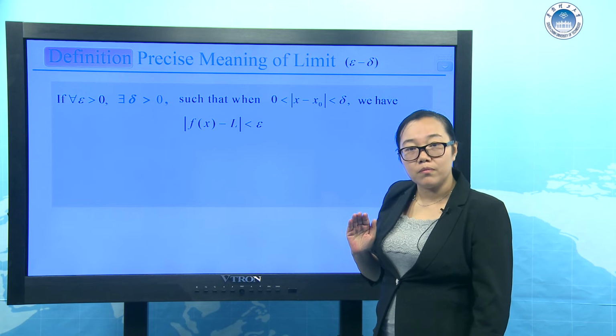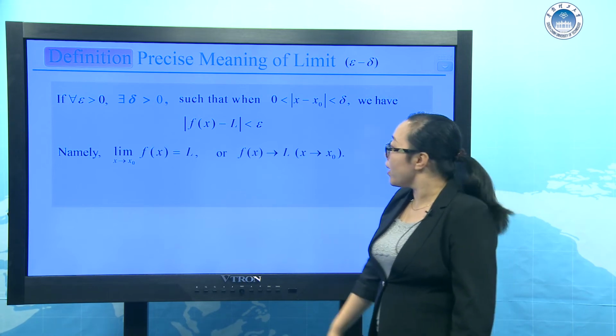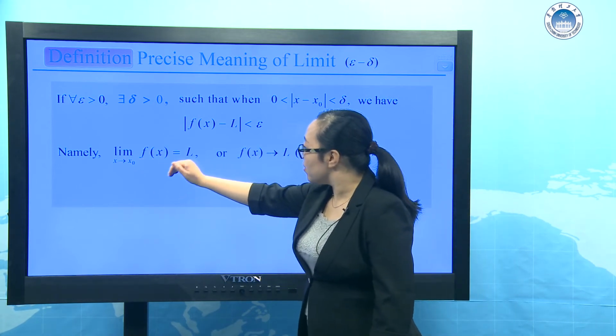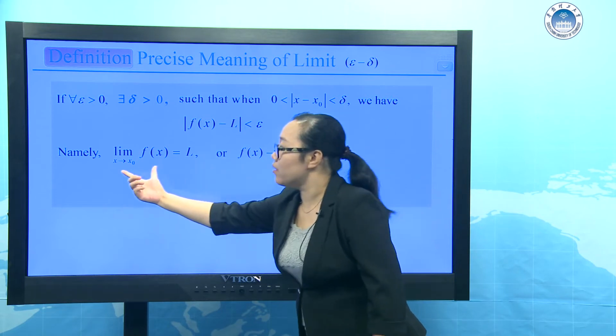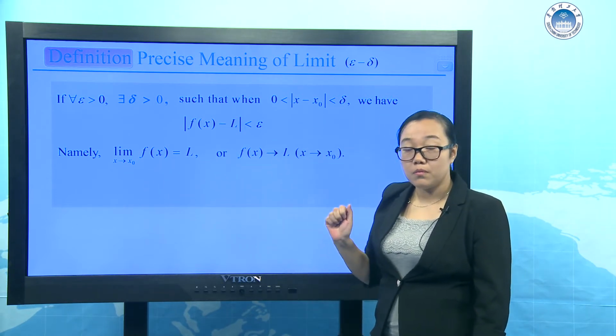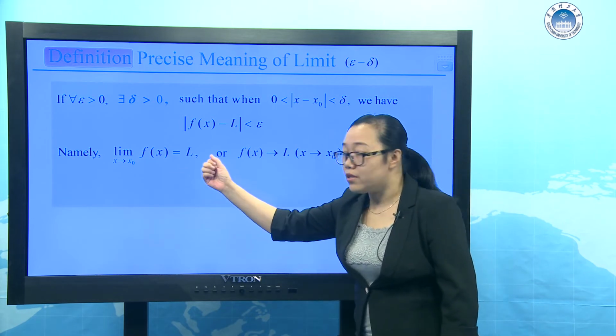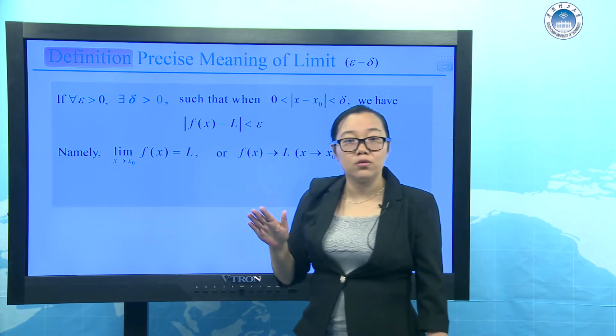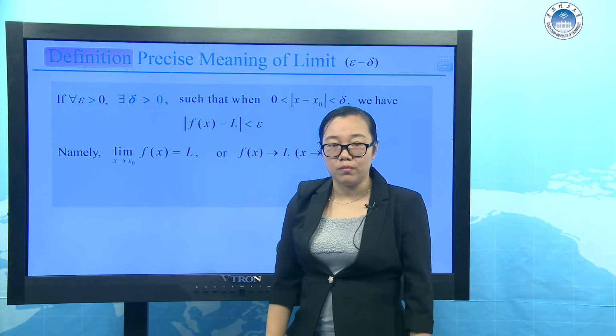At this time, we write the limit of f(x) equals L under the condition x tends to x0. Pay attention to the condition: x tends to the point, not equal.